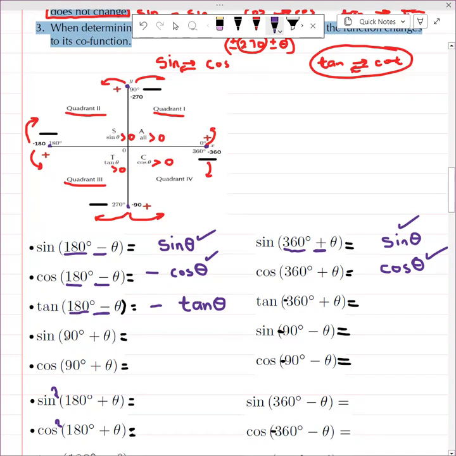And then this is the other thing. Sine 90 plus theta. If I have 90, I know that sine will change to cos, right? So I'm going to have cos theta this side. Remember 90 and 270, sine changes to cos, cos changes to sine, right?